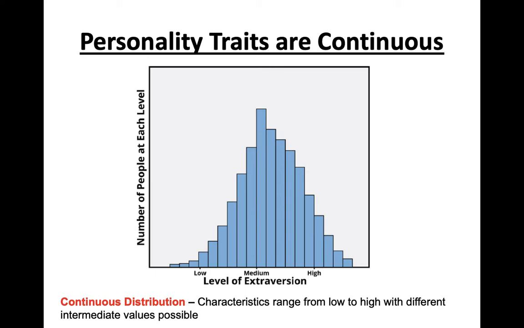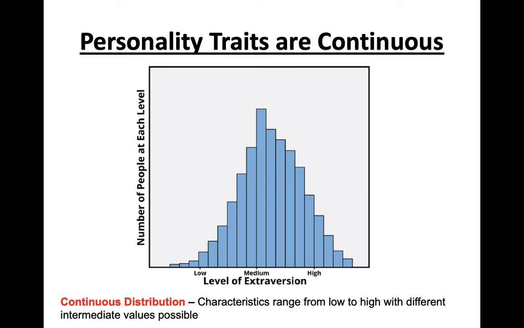So when we talk about somebody who we consider to be an extrovert, we're really talking about somebody that scores very high in the trait extroversion. And when we're talking about somebody who is an introvert, we're talking about somebody that would score very low in the trait of extroversion. As you can see from this picture, the idea is that most people score somewhere in the medium or moderate range.